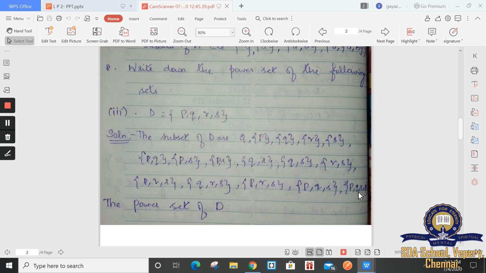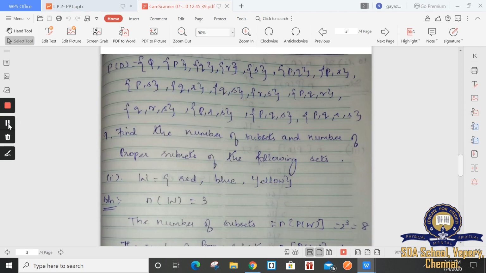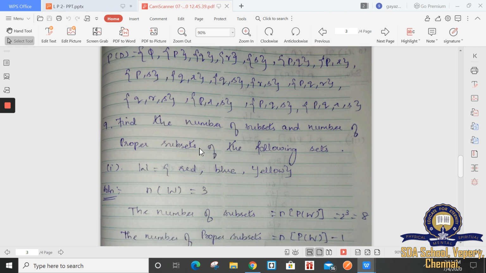Now these are the subsets of D. Now how do we write the power set of D? Power set of D is the set of all subsets. As I told you, it is supposed to be enclosed within the flower brackets. That's it.